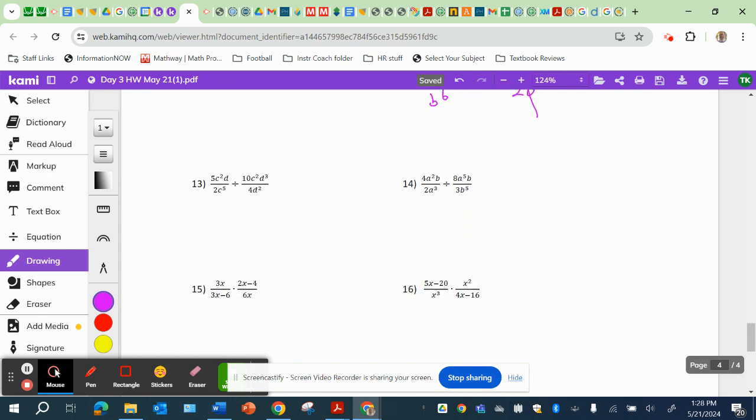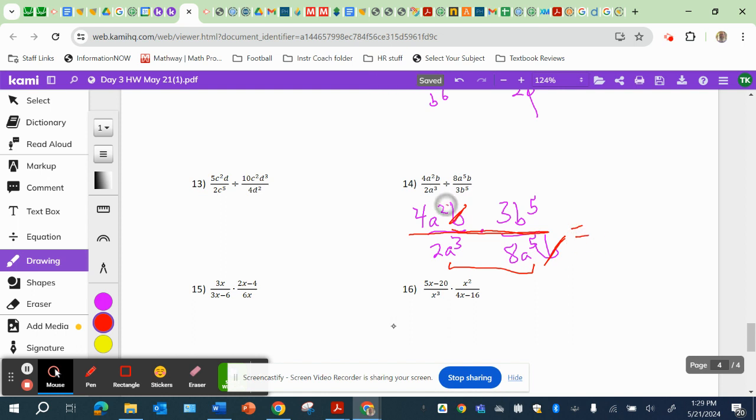The key is when you divide, the only difference is you multiply by the reciprocal. And now you can cancel stuff out. Those b's cancel out. Just treat it as one big fraction. Down here I have 8 a's.